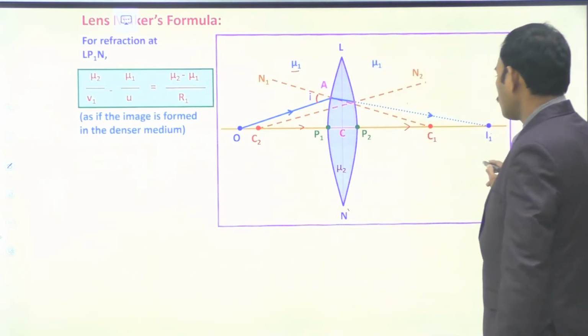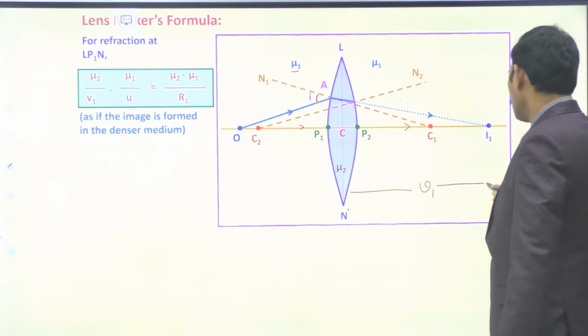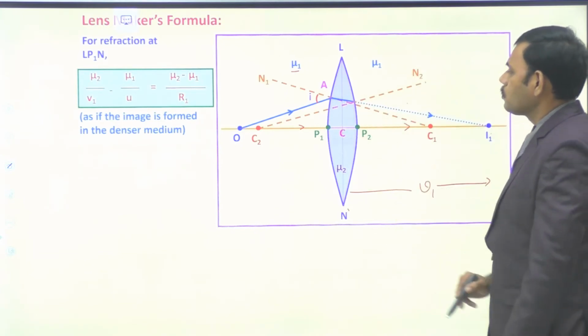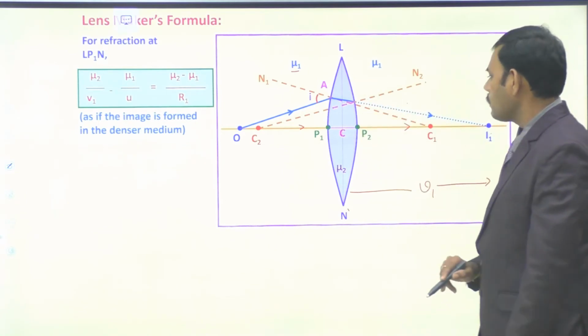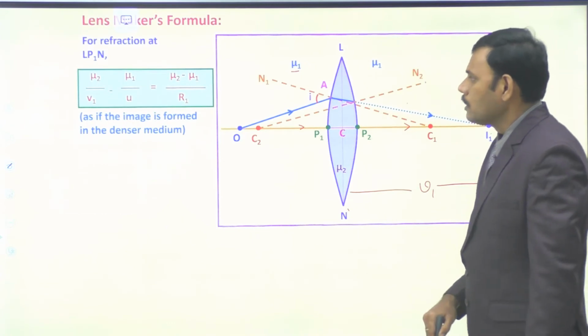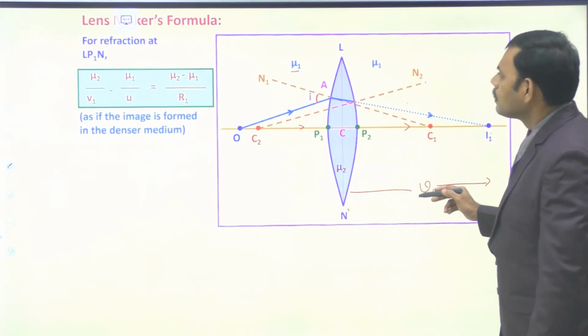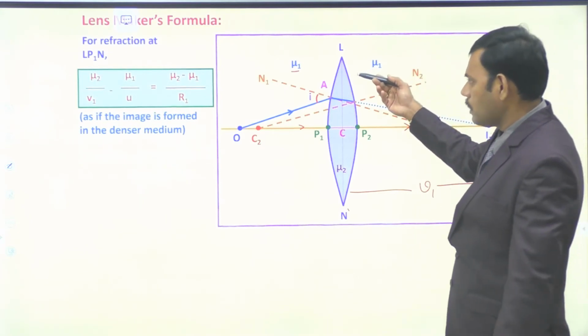So the image is formed at v1 distance. Let this be v1. The first image made by the refraction through the first curved surface is I1, and its distance is v1 measured from the optic center C. Then mu2 divided by v1, because let us assume this image is formed in the denser medium, not the rarer medium.